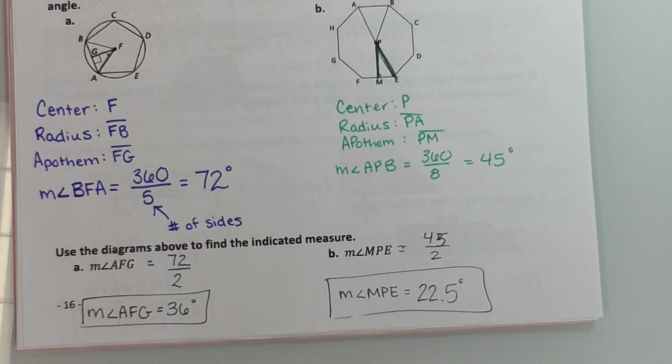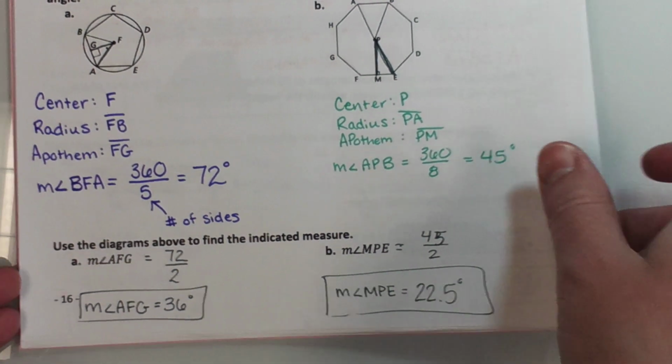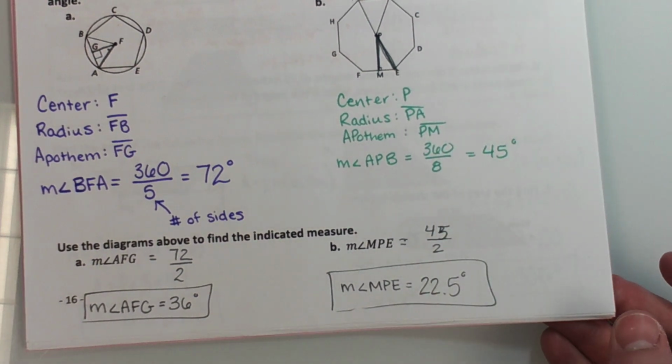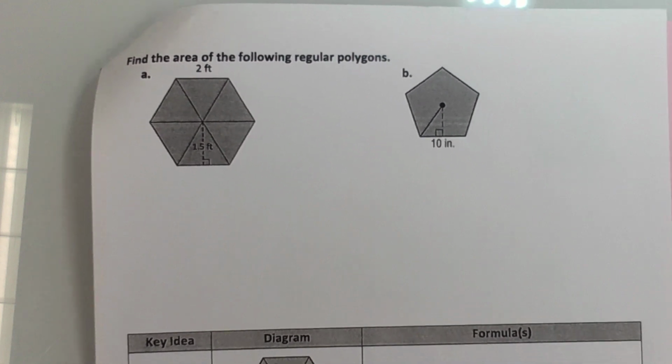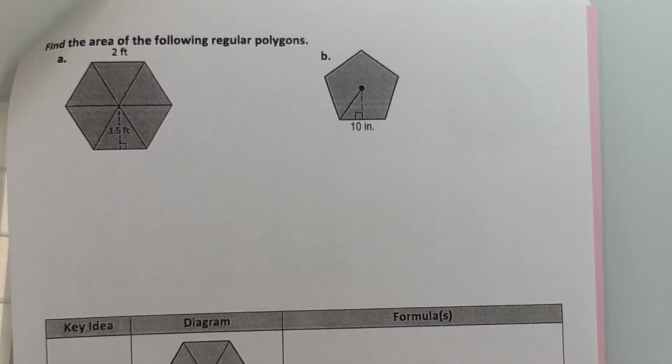Now that can be helpful when we get into finding our area, which is what's coming up on the next page. What we're focusing in on, finding the area. Now you'll notice that I ask you to find the area before I even give you the formula.